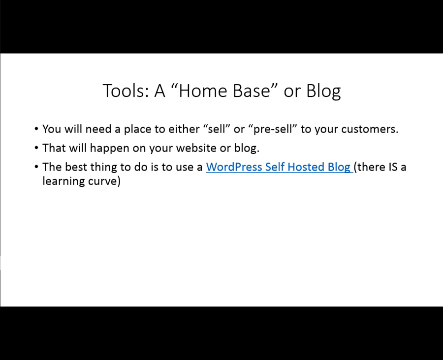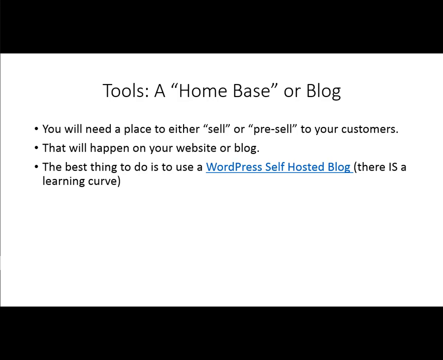Now, if you don't have one, the goal of this course is really to do the entire set of exercises, or the entire model, without having to buy anything. So if you don't have a WordPress blog and you don't want to buy one, we are going to talk about a way for you to do that. But WordPress is the most flexible.